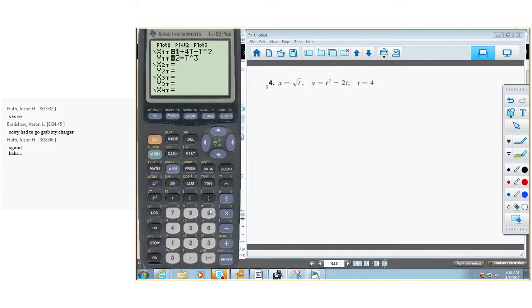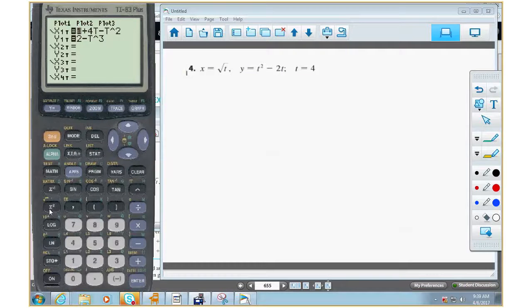X is equal to the square root of t. And y is equal to t squared minus 2t.